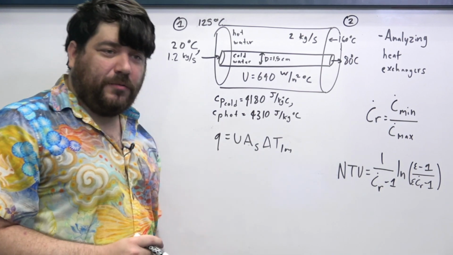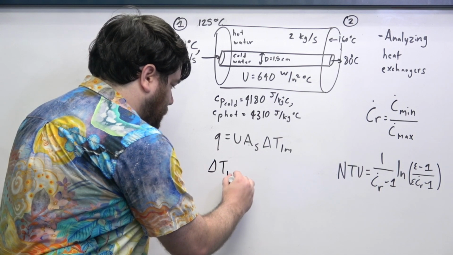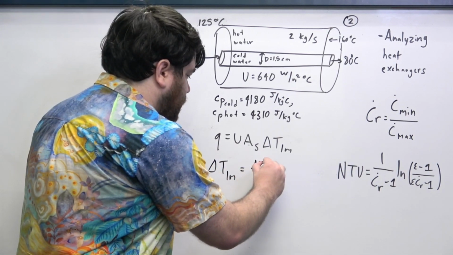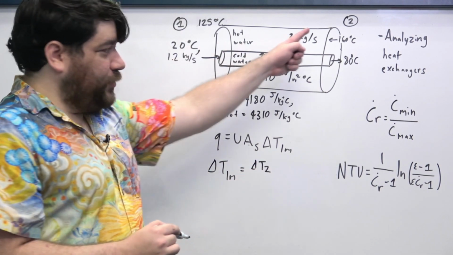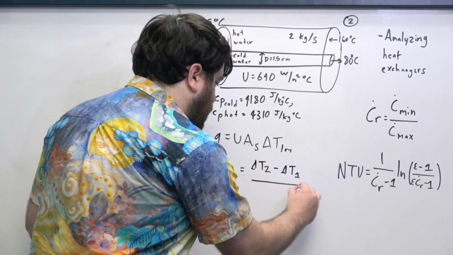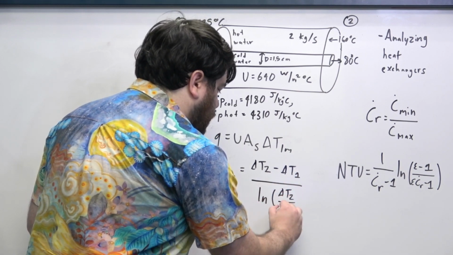And then we write down delta TLM as the difference in temperatures in location 2 minus the difference in temperatures in location 1 divided by the logarithm of the ratio of those differences.